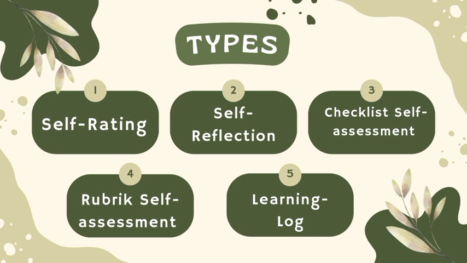Students use a checklist to assess their understanding of the material. 4 is rubric self-assessment, using a predetermined rubric to assess themselves. And 5 is learning log. It means students record the development and challenges they face during learning.